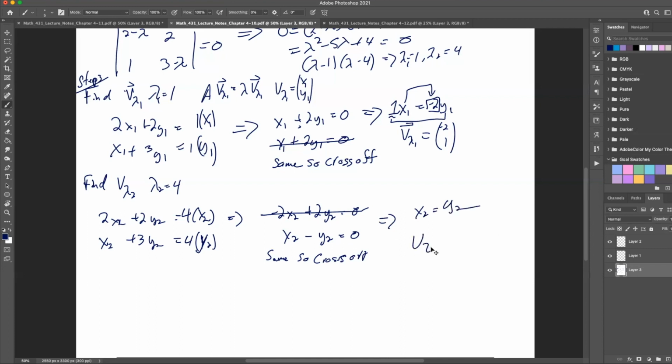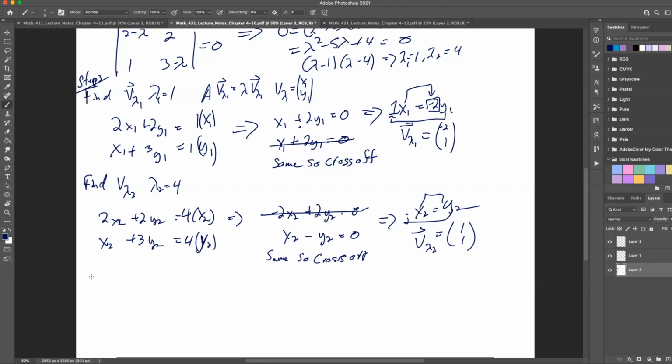And so for v lambda 2, I'm just going to choose the coefficients, which are 1 and 1. So here I have my vector, 1, 1.